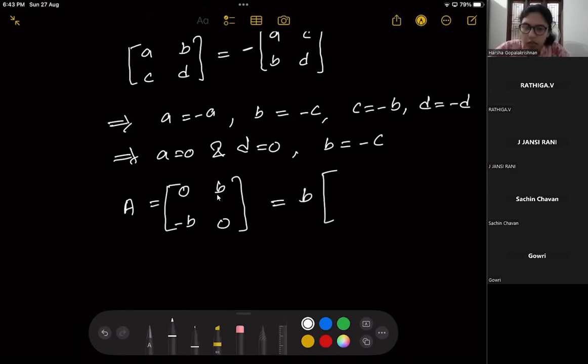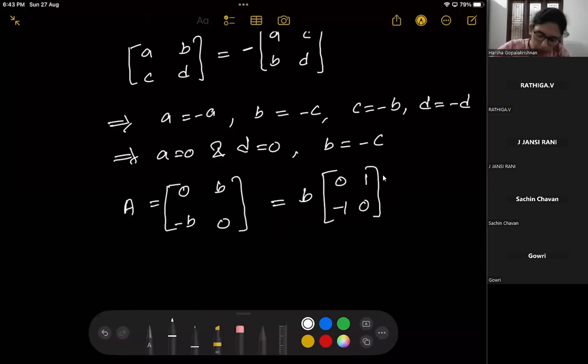That means only one matrix, [0, 1; minus 1, 0], is involved to span all the matrices in X. That means it is enough to span all the skew symmetric matrices, and it is a non-zero matrix. Obviously, it is a linearly independent set.